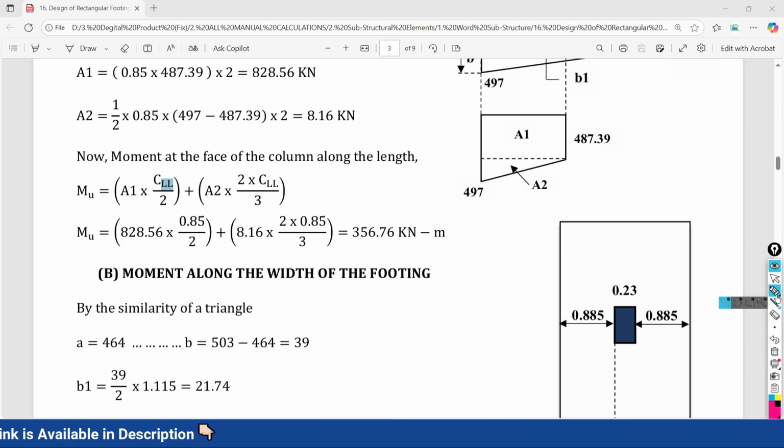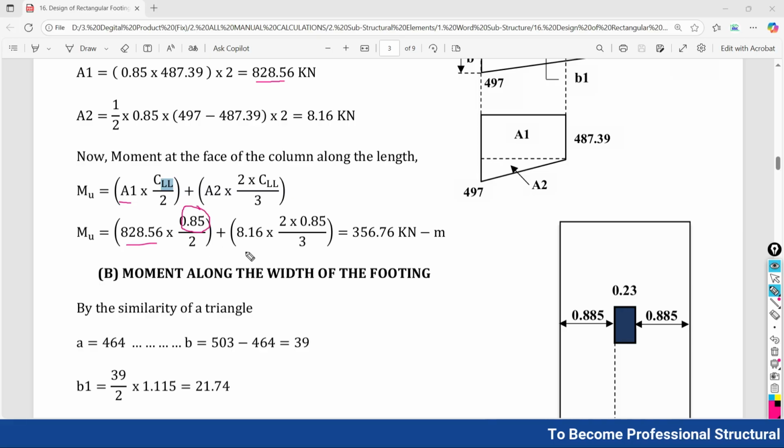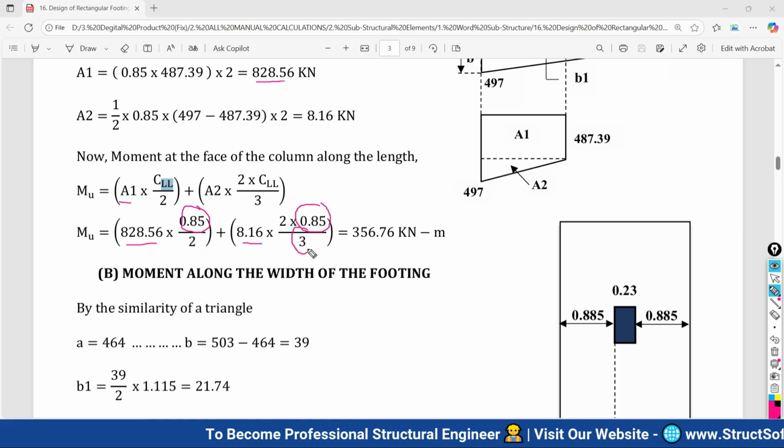After putting all these values in this formula, it is going to become what? A1, 828.56 multiplied by projection 0.85 divided by 2, plus 8.16 multiplied by 2 times projection 0.85 divided by 3.